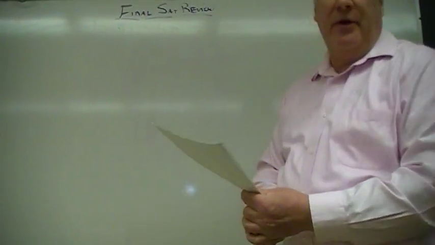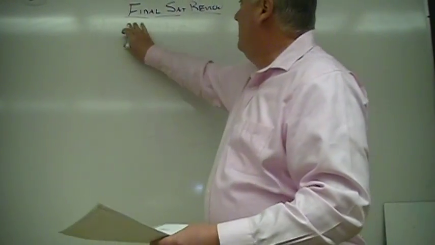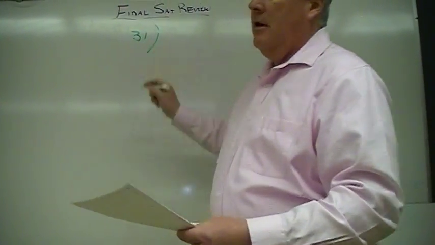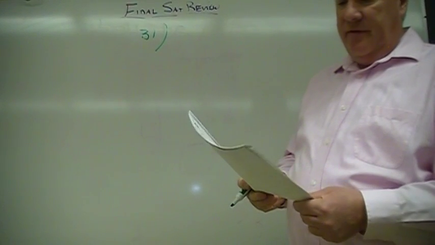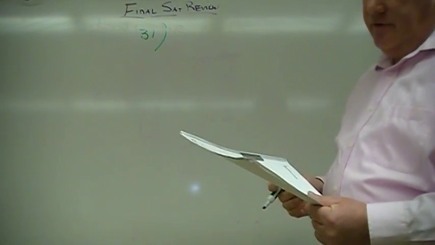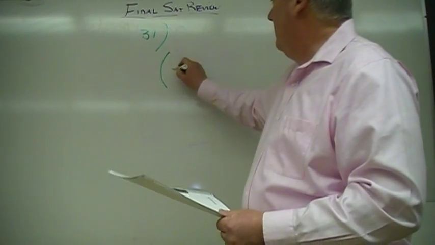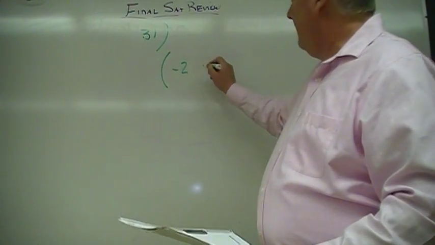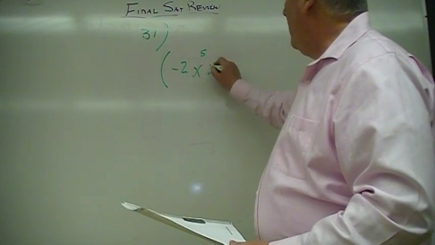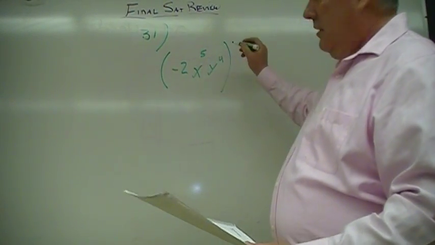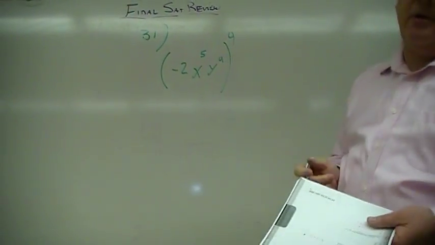It's number 31. Which of the following expressions is equivalent to the expression that's given? Negative 2, x to the 5th, y to the 4th, all raised to the 4th power.